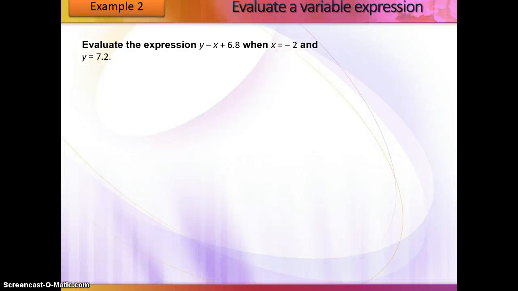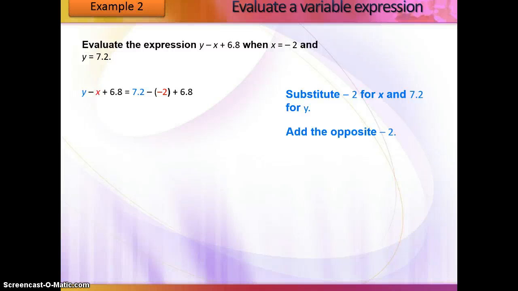Evaluate the expression y minus x plus 6.8 when x equals negative 2 and y equals 7.2. The first thing we want to do is to substitute in negative 2 for x and 7.2 for y. This would give us the expression 7.2 minus negative 2 plus 6.8.